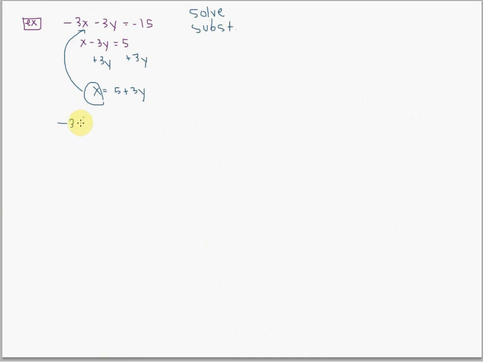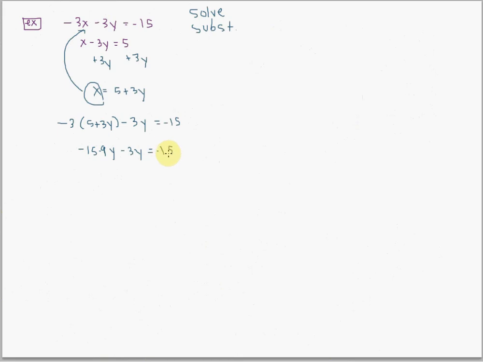So I get negative 3. Instead of timesing it by x, I'm going to times it by 5 plus 3y. And then I'm going to write the rest of the equation. Minus 3y equals negative 15. Okay, multiply it in, I get negative 15 minus 9y, because I multiplied the negative 3 to both, minus 3y equals negative 15.